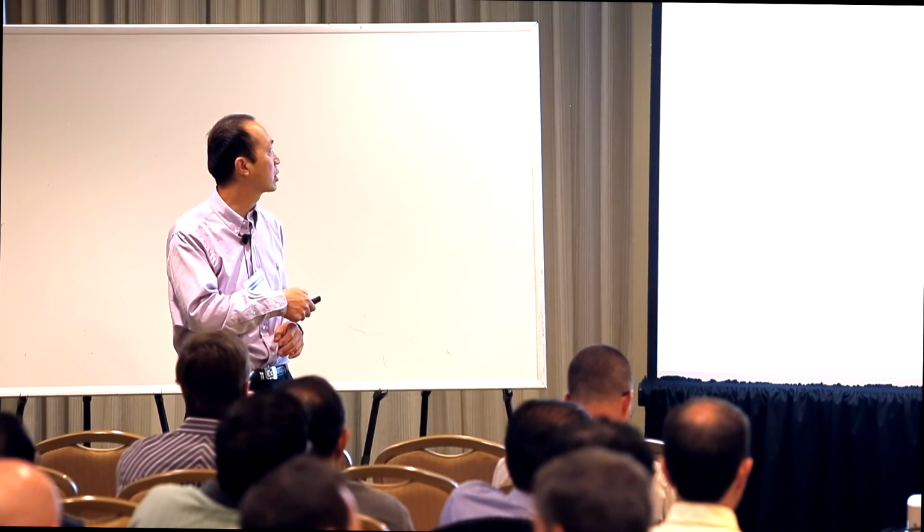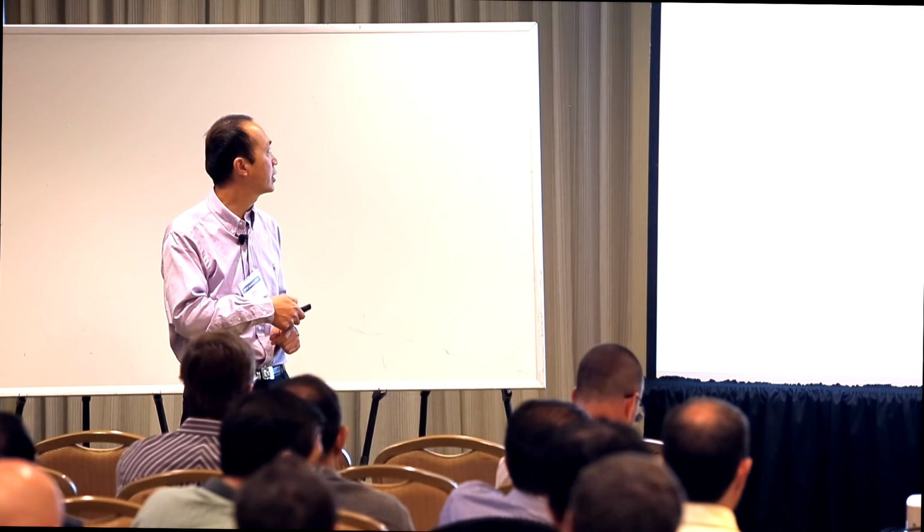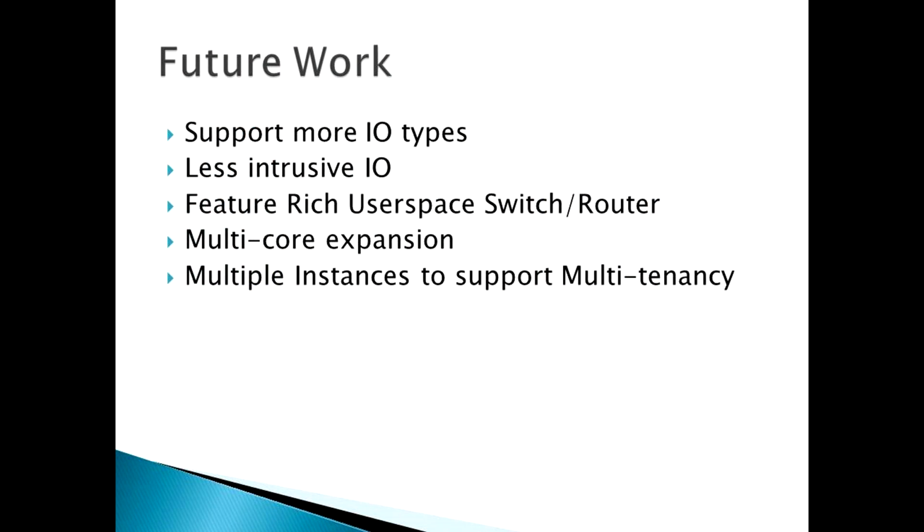So there's more work down the road, like the diagram we mentioned here, multi-core expansion and multiple instance support for multi-tenancy as well. So that's another reason we try to stay away from the kernel virtual switch or kernel virtual routers, because it's hard to provide that kind of multi-tenancy management. That's another direction we're looking at as well.